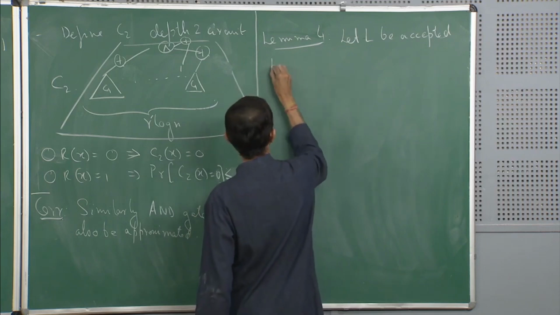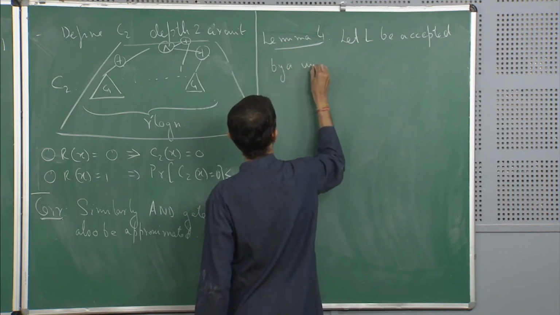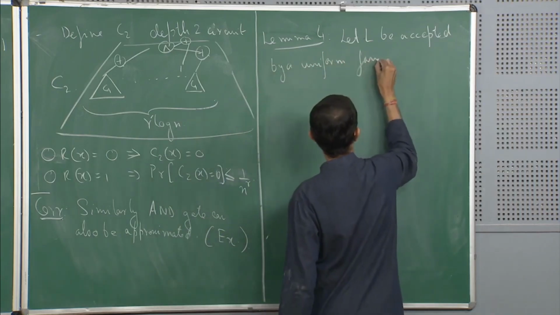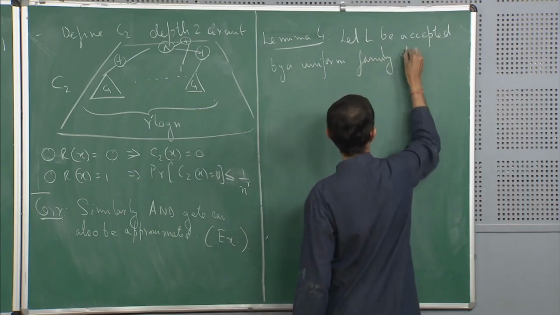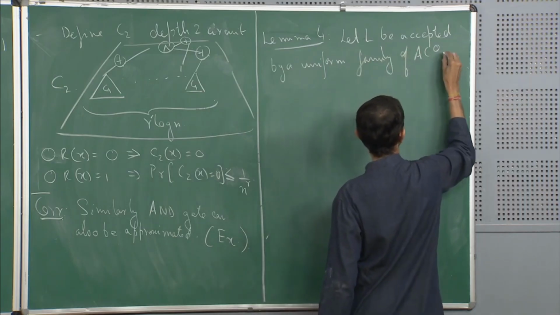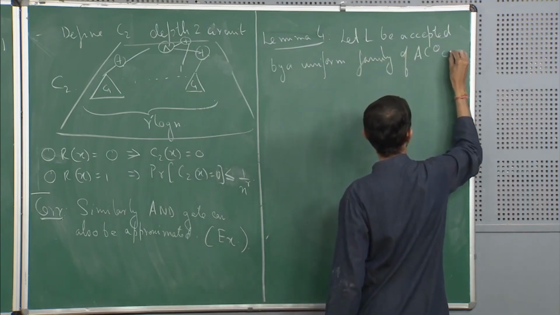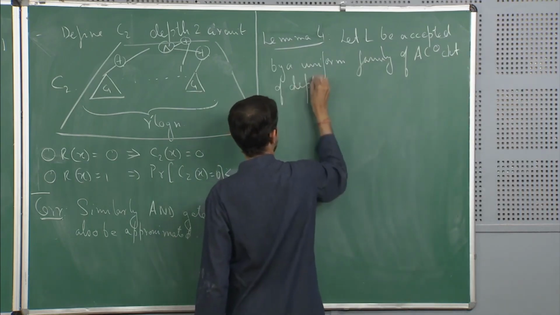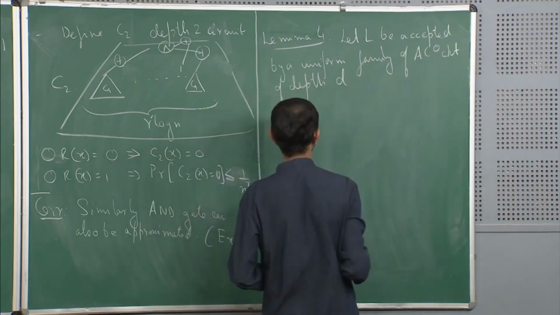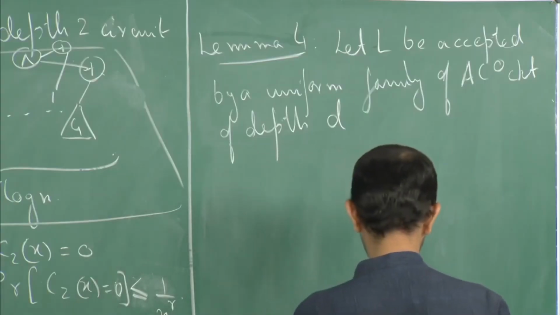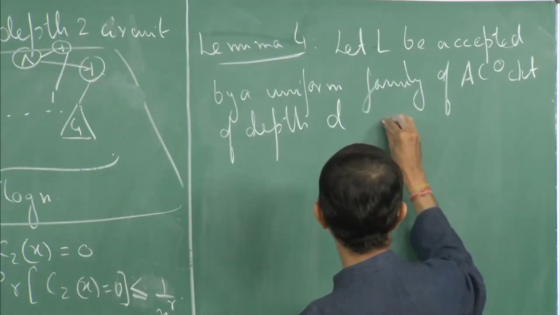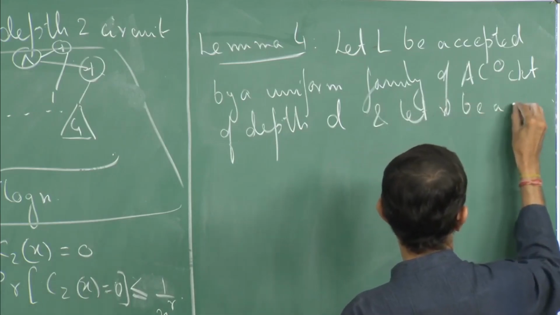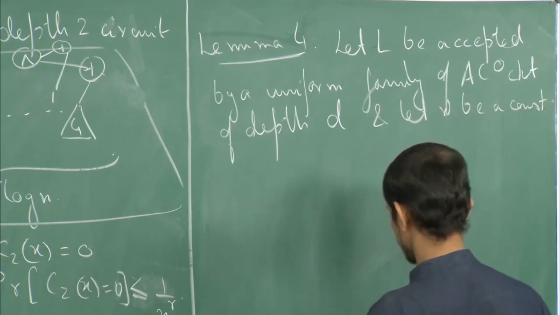Let L be accepted by a uniform family of AC0 circuits of depth d, and let r be a constant.